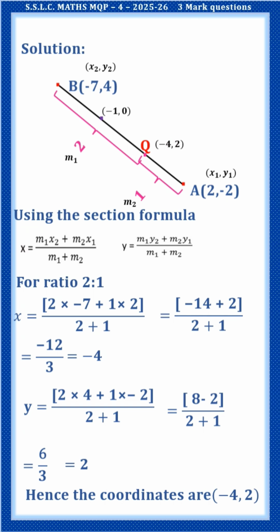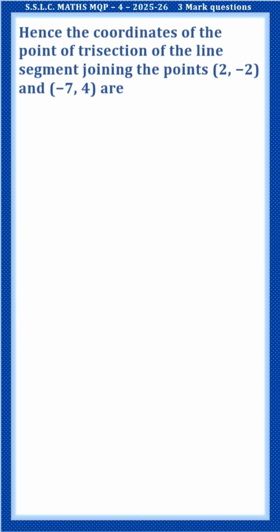And now it is the time for writing the final answer. Hence the coordinates of the points of trisection of the line segment joining the points (2, -2) and (-7, 4) are (-1, 0) and (-4, 2).